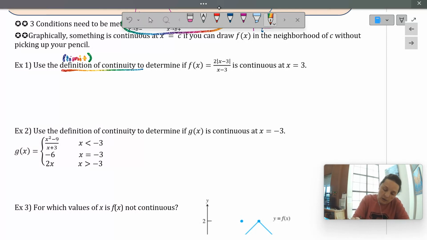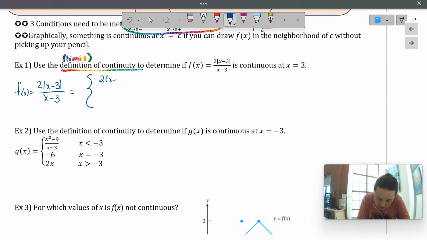Oh man, got another absolute value. If you remember in the last video, absolute value and calculus do not really like each other. So I'm going to rewrite f of x, which is really 2x minus 3 in absolute value over x minus 3, as a piecewise function where sometimes you leave x minus 3 alone, and sometimes you negate x minus 3.